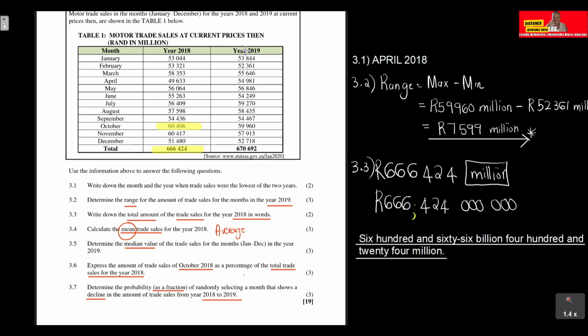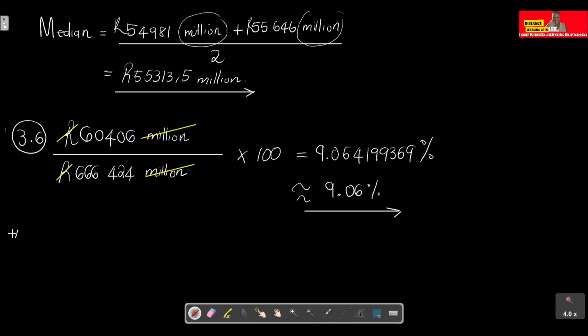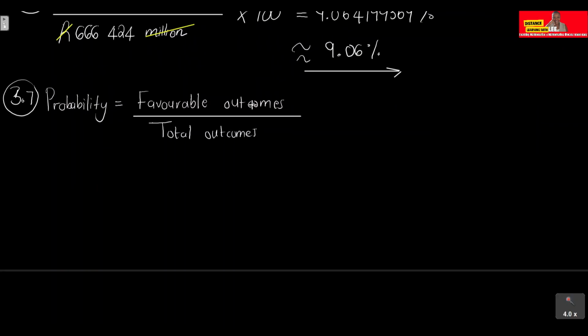But before we even get to that, for us to be able to start this question off, how do we calculate probability, guys? Probability is equal to your favorable outcomes divided by your total outcomes. So in this case, what are the favorable outcomes? The favorable outcomes are the outcomes that we want.